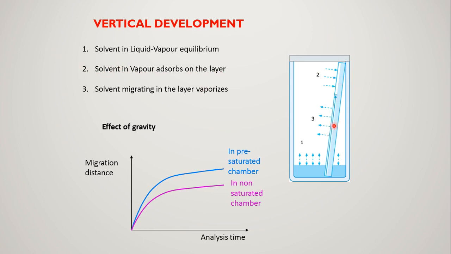If we imagine that the developing chamber is not saturated, then the vapors will be adsorbed on this stationary phase, and if the mobile phase has reached this position, then the solvent molecules will vaporize from liquid state to vapor state.